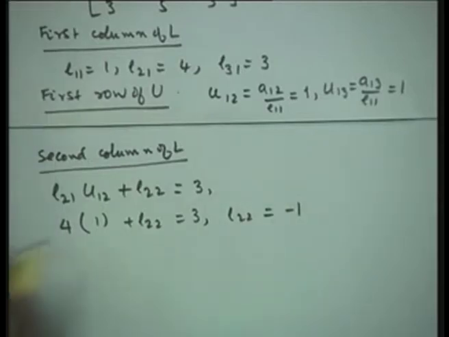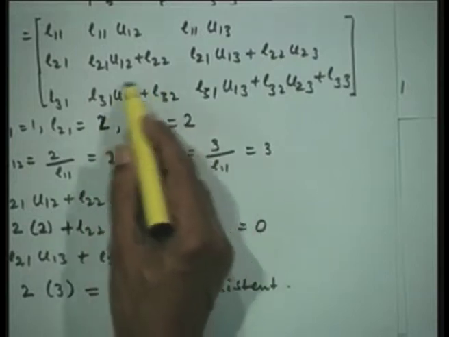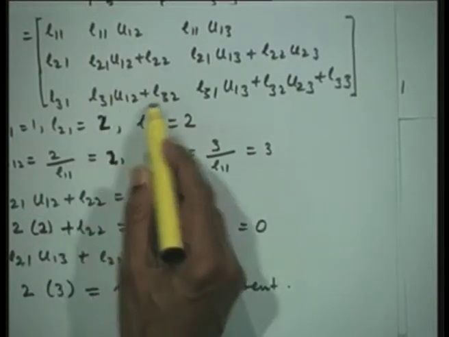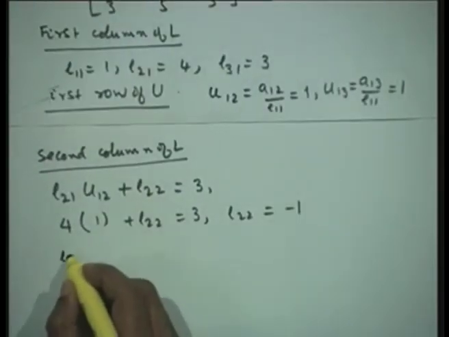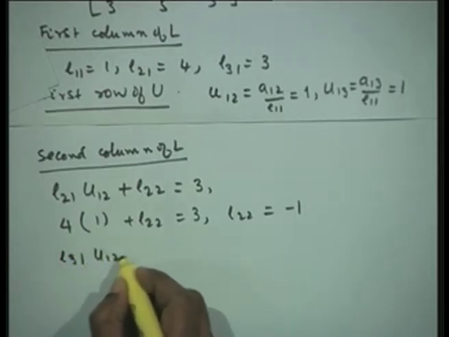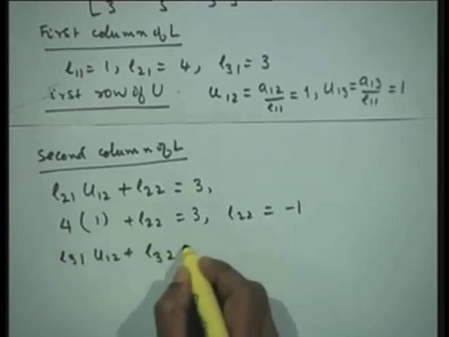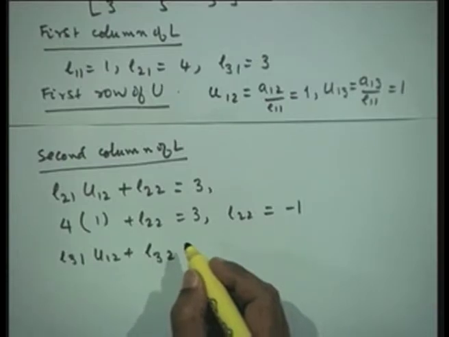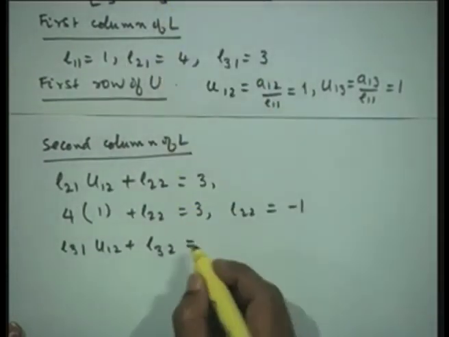Then I need the second column. So, the next element of the product is this. So, I will take L31 U12 plus L32, and this must be 5.